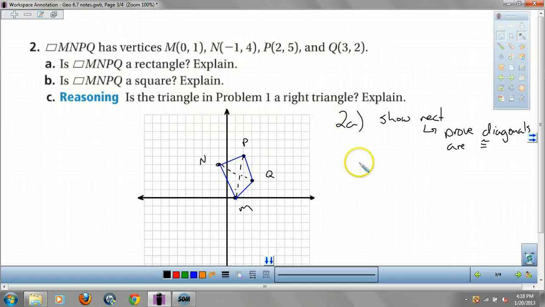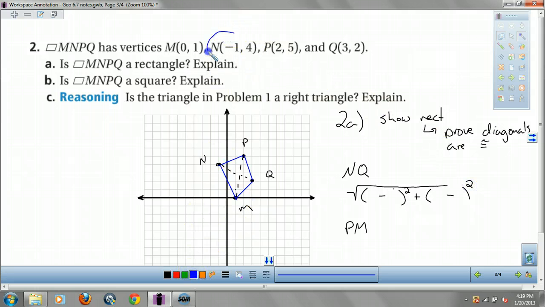So that means we have to find NQ, and we're going to need to find PM, the other diagonal. So for NQ, we set up our distance formula. N was negative 4, 4, so I'm going to put that second because there's a negative there.